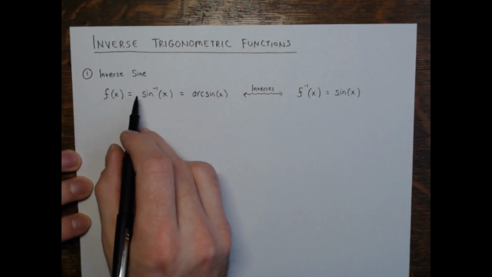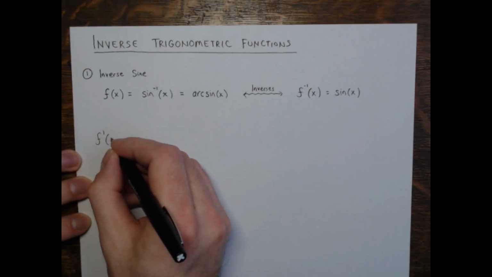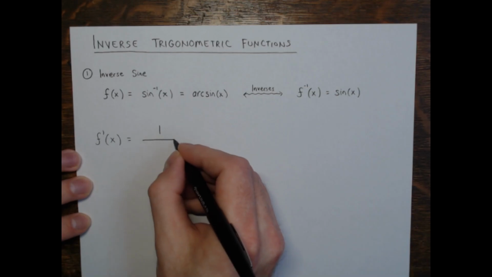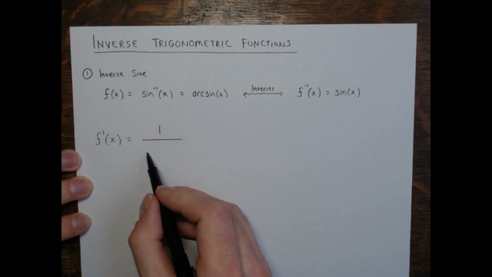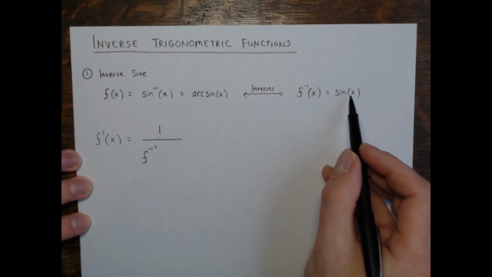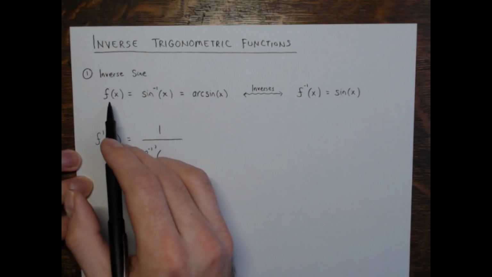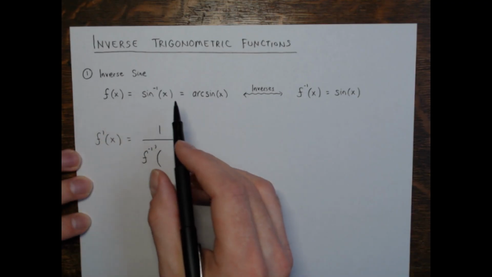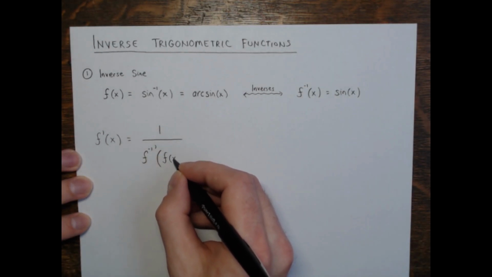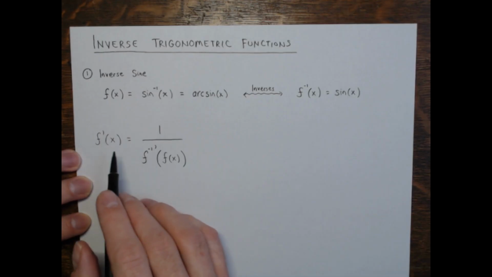So if f is this inverse sine function, then f prime should be the reciprocal of, 1 over, and then the derivative of the inverse, so f inverse prime, which is the derivative of plain old sine, with the original function I'm looking at, this inverse sine, this arc sine function, put inside. So I'm going to keep referring to this.